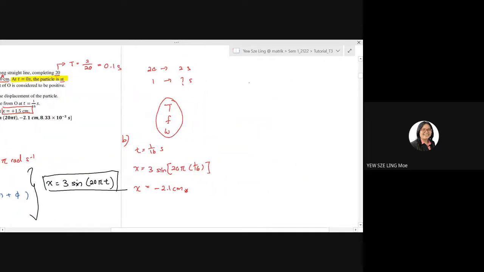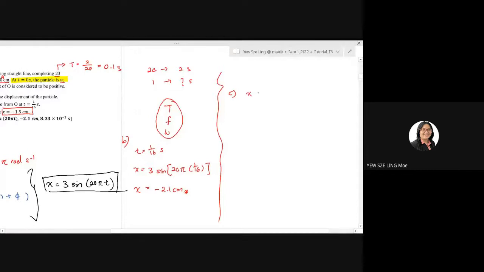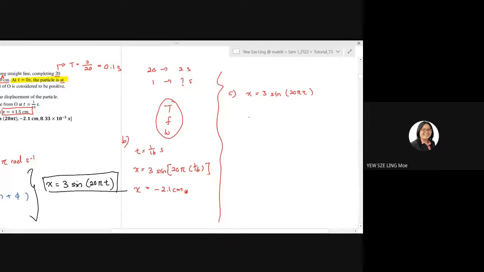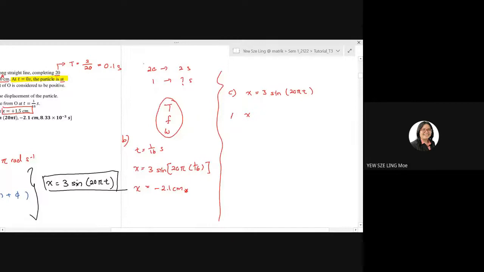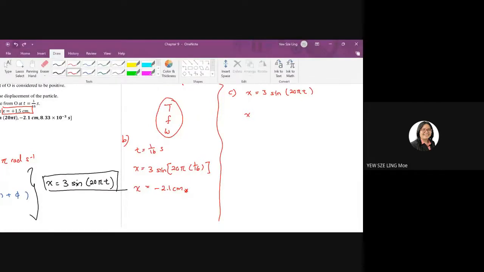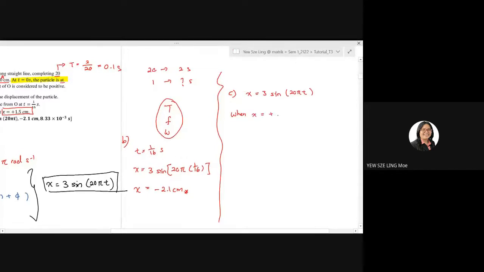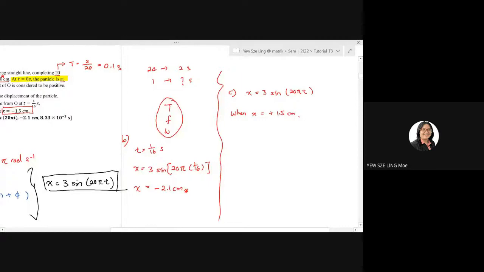Okay, question C is a bit long. We have the general equation x equals 3 sine 20 pi t. According to the question, when x is equal to positive 1.5 cm, what are we going to do? We sub the value into the equation.